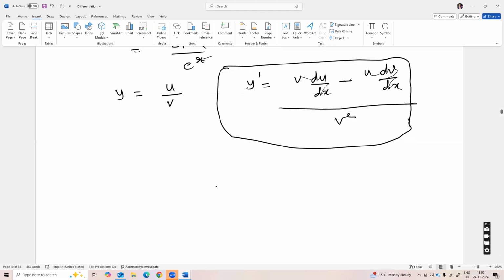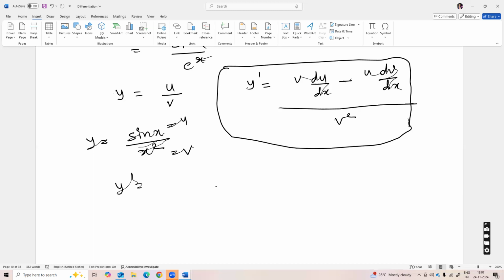So if we have y is equal to sine x upon x square, in this case u is sine x and v is x square.